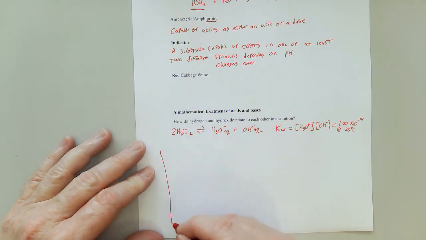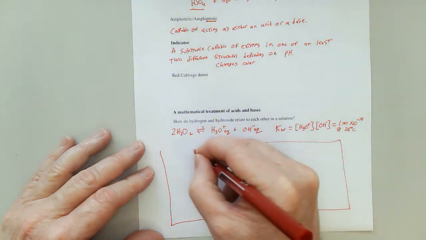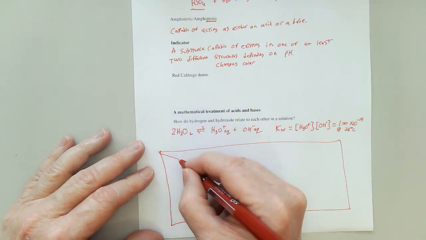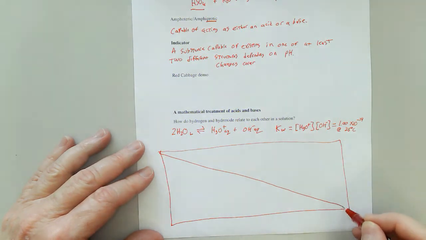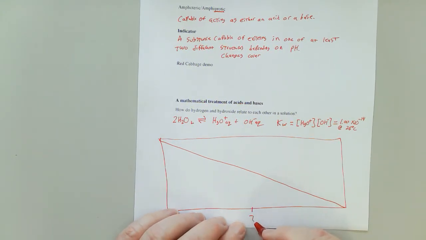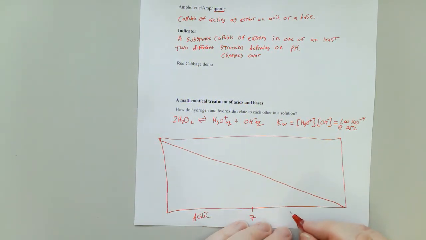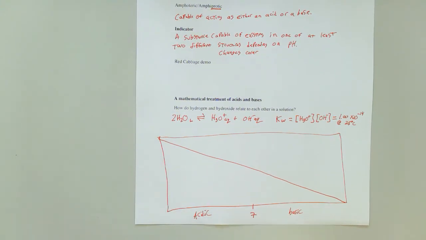Now, let me draw a really big rectangle here, and then I'm going to cut it diagonally. And this is going to be a graph of pH. And we're going to put pH 7 in the middle, and then this is lower than 7, so it's acidic, and this is greater than 7, so it is basic.